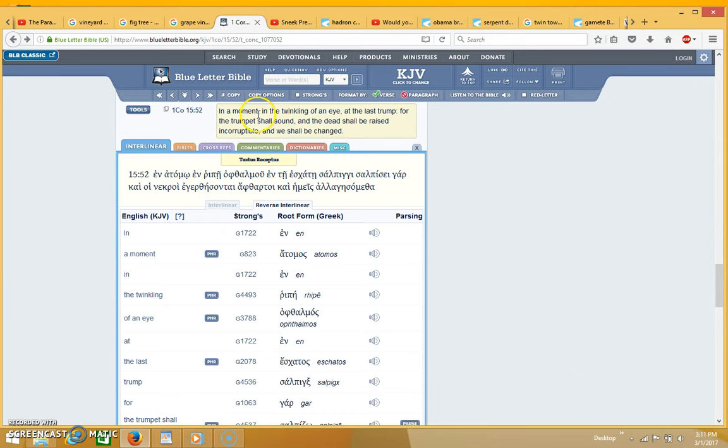Okay, so obviously the interpreters or the translators of the scripture in the King James, as well as the other translations, they took a little bit of poetic license in translating some of these words. Instead of atom, they put in the word moment. Instead of casting, in the casting down of an eye, they put twinkling.